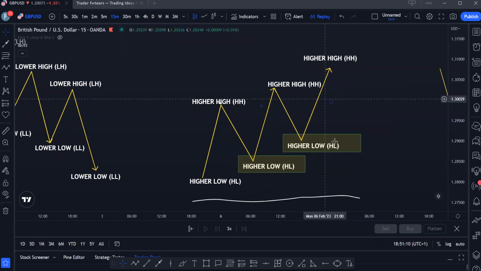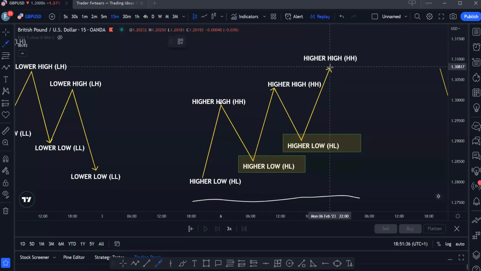So we've established that in an uptrend, it's recommended to look for buys. And you want to look for buys at a higher low. You want to buy at a higher low. So the question now is, where is the higher low?